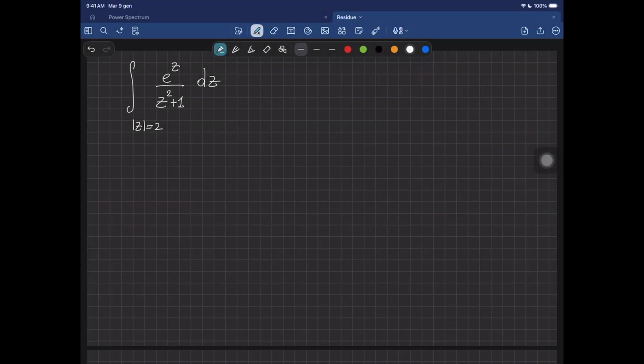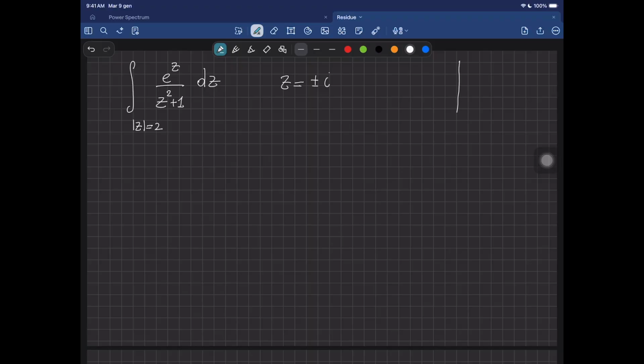So let's try to compute the integral of e to the z over z squared plus 1 over the circle of radius 2. As always, we start by identifying the singularities of this function. And in this case, the only singularities are when the denominator is equal to 0, which means that z can be equal to plus or minus i.